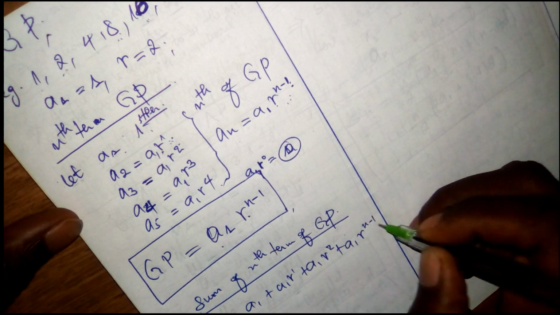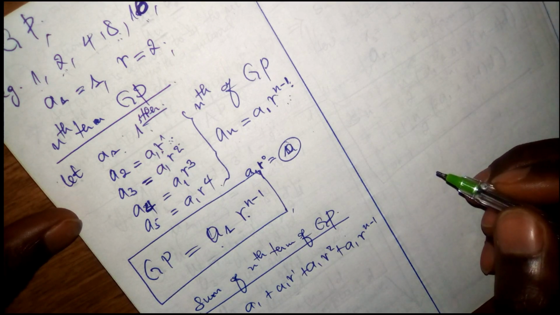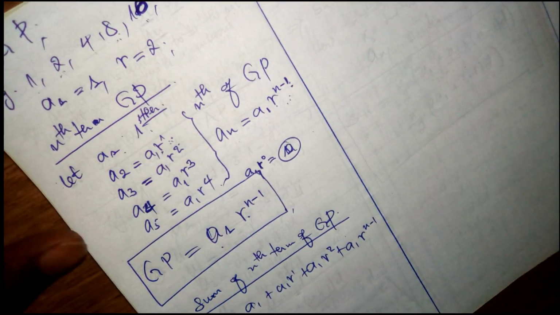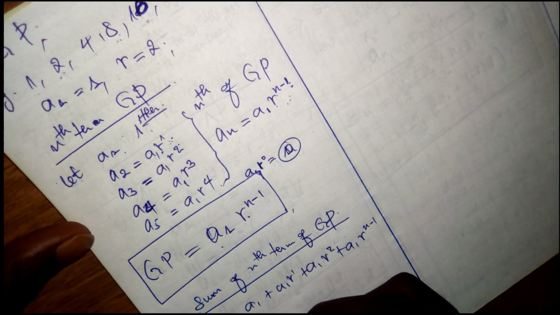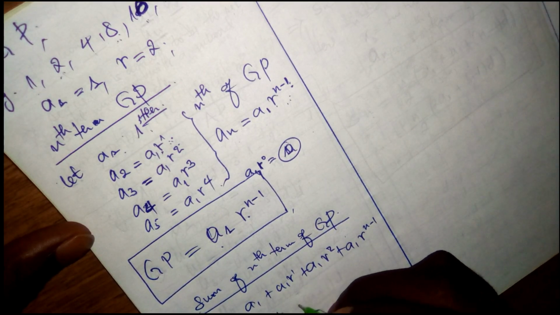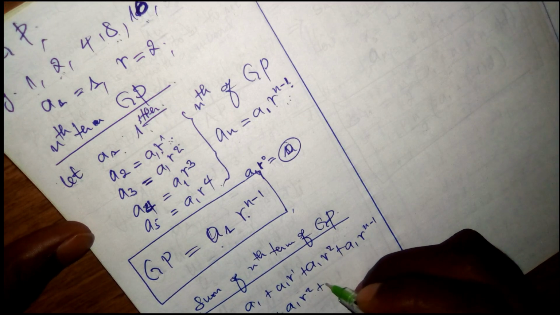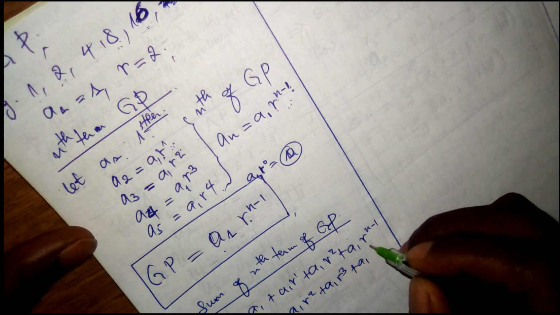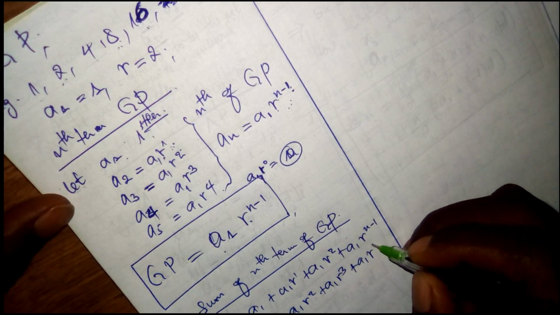Then multiply both sides by r. We get r Sn equals a1 r plus a1 r power 2 plus a1 r power 3 plus up to a1 r power n minus 1, and also plus a1 r power n.